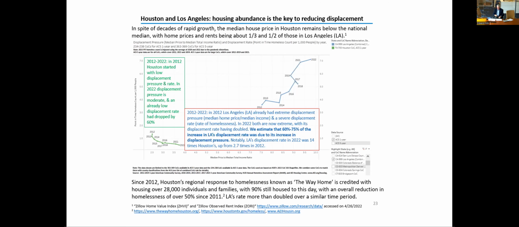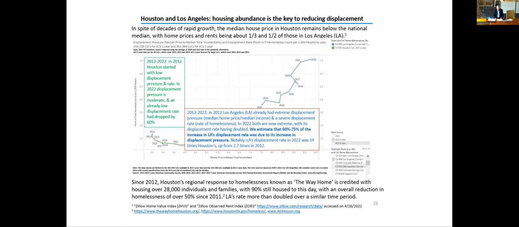That was what was causing 60 to 75% of the increase in homelessness. And LA's displacement rate in 2022 was 14 times Houston's rate in 2022, up from 2.7 times in 2012.